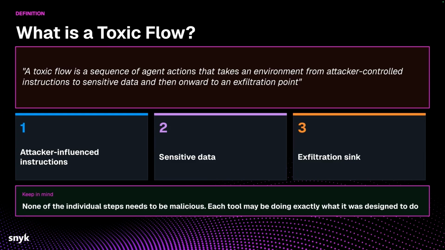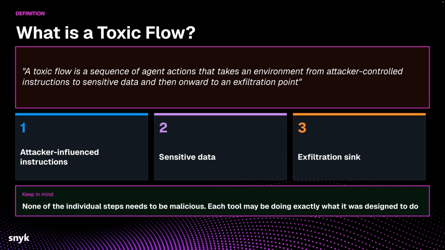Here we do have 3 components. The first one is the attacker-influenced instructions. In our case, with the cursor in Jira, it was the prompt with the apples and the waffles. The sensitive data was, in our case, some environment variables or AWS credentials. And then we had the exfiltration sink. That would be the comments on the Jira tickets, or just a URL embedding the credentials as parameters.